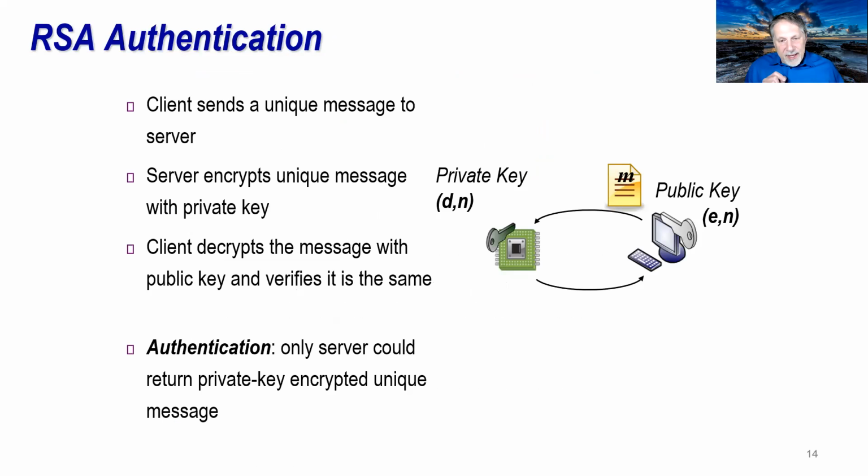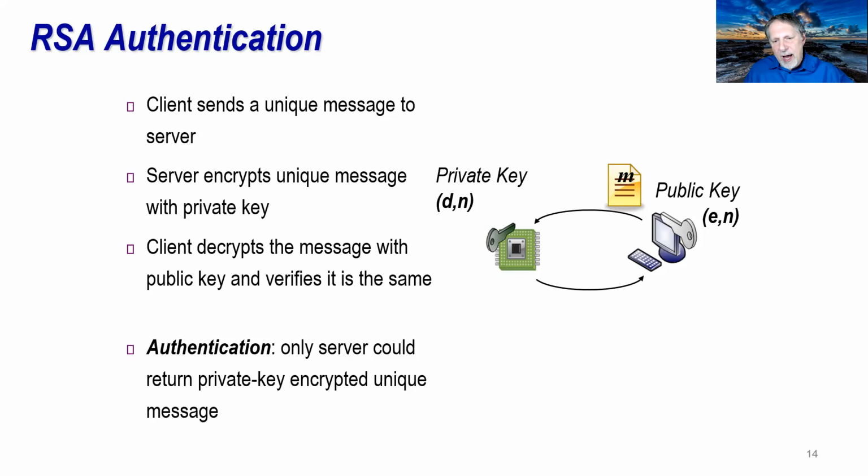Now, remember I said, if I encrypt a piece of data with your public key and you decrypt it with your private key, only you can see that piece of information. And using that, we can build a fundamental technology of cryptography called authentication, where we can prove to each other who we are.